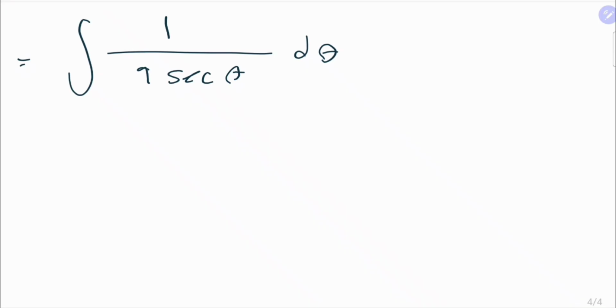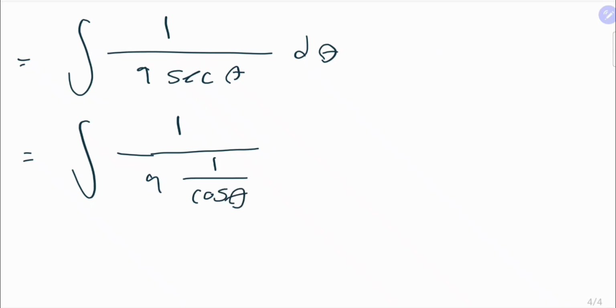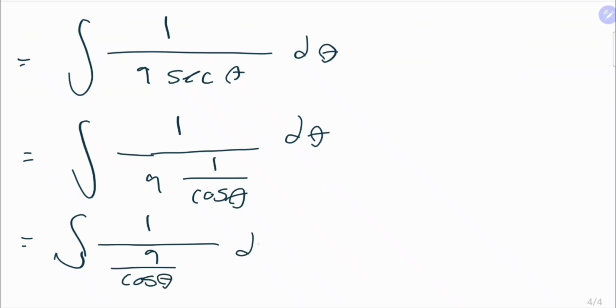So that means that this is going to equal the integral of 1 over 9 times 1 over cosine theta d theta.